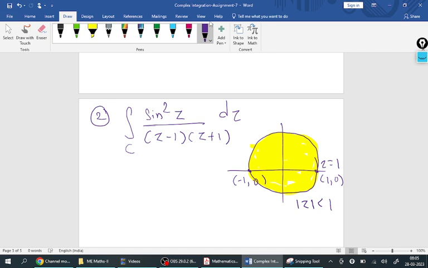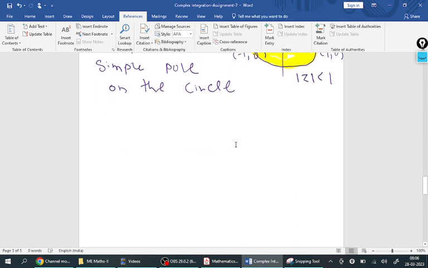Remember, whenever our poles are on the curve or inside the curve, then only we have to calculate the residue. Only those poles which are outside the region, there is no need to calculate the residue for them. So in this case also we have to calculate the residue. Both the poles, z equal to 1 and minus 1, are simple poles on the circle. Whenever they are on the circle, yes, we should calculate their residues.